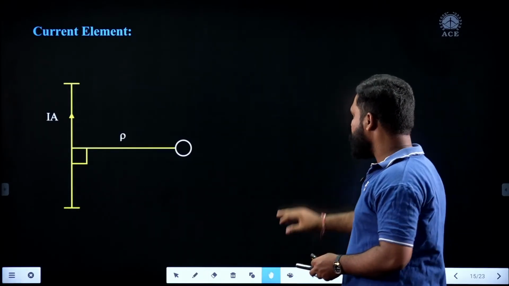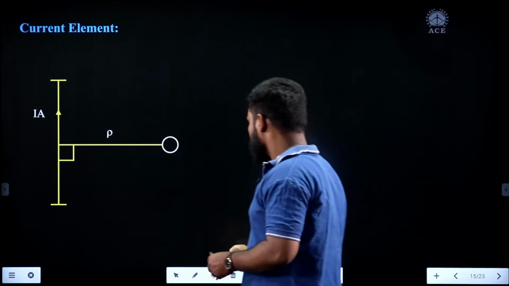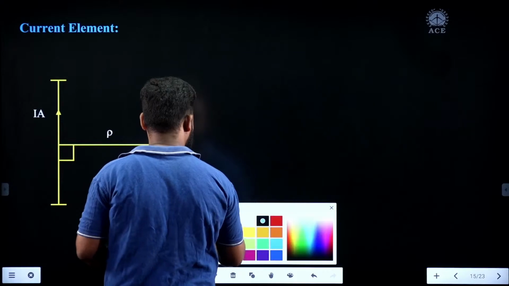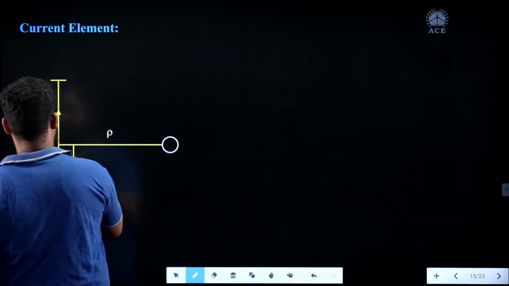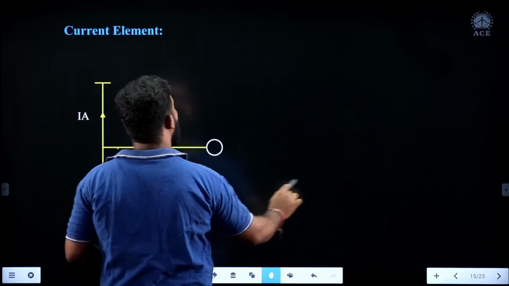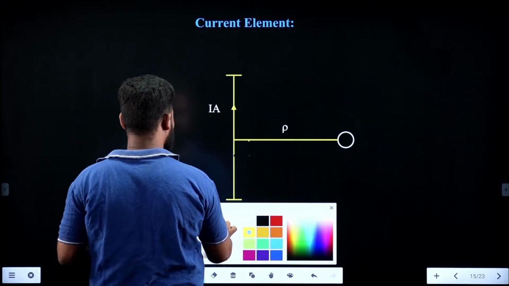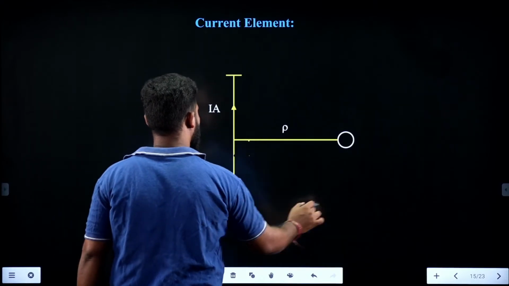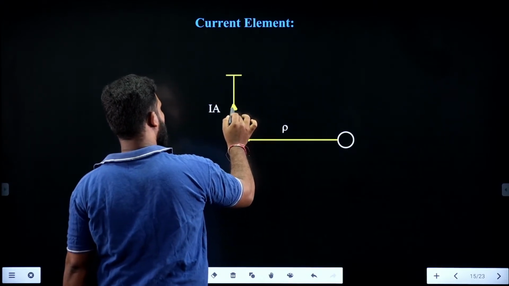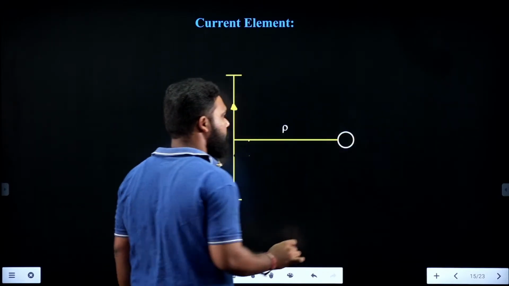Number of times questions were noticed on this one. Suppose there is a current carrying conductor here, and the current is flowing like this. I want to find out the magnetic field at a distance of rho.